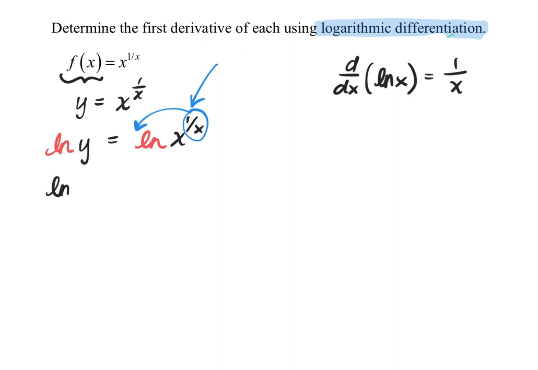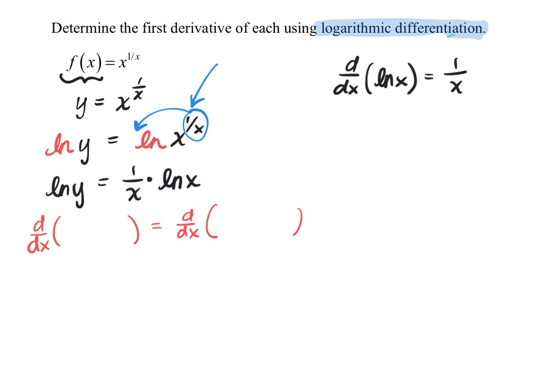So we'll have the natural log of y is equal to 1/x times the natural log of x. And now on the right-hand side, there is no other property of logarithms that we can use. So this is where the calculus begins. We are going to take the derivative of everything on the left and the derivative of everything on the right with respect to x. Remember, this is called implicit differentiation.